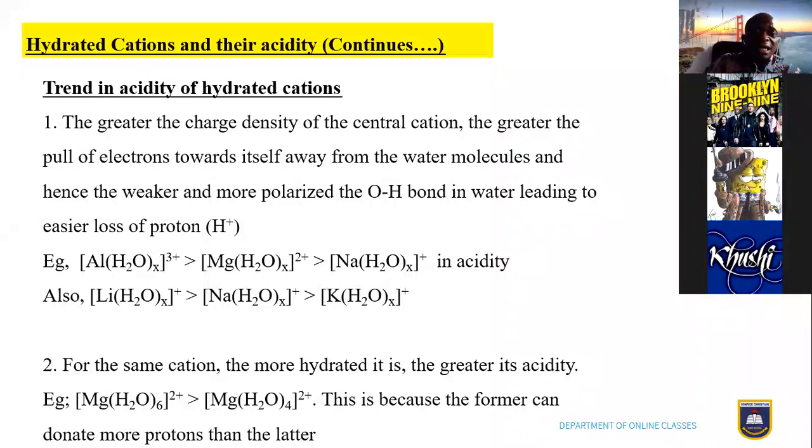If you use a greater than sign, then you are arranging in decreasing order. Okay, less than magnesium into bracket H2O subscript 4 with a charge of 2+, also less than beryllium into bracket H2O subscript 4, all with a charge of 2+.